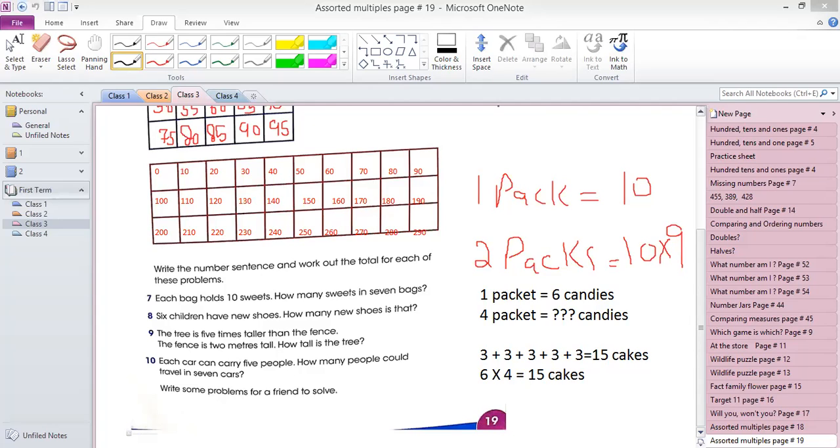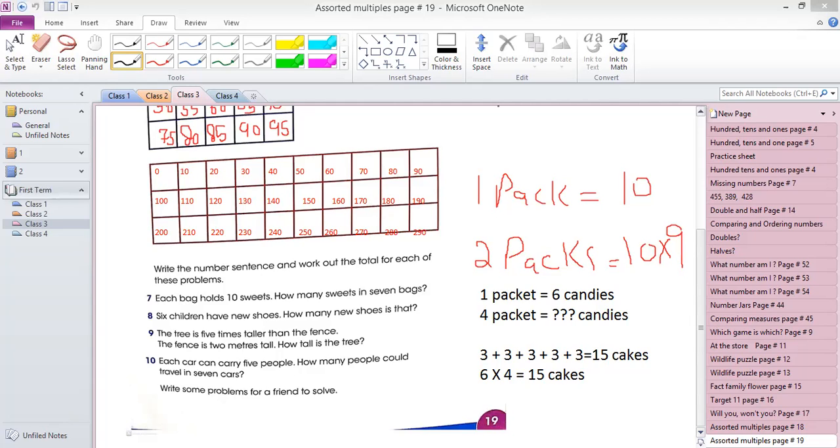And question number 10 was: each car can carry 5 people. How many people could travel in 7 cars? Because in one car, 5 people can travel, in 7 cars, 5 multiplied by 7 people could travel.